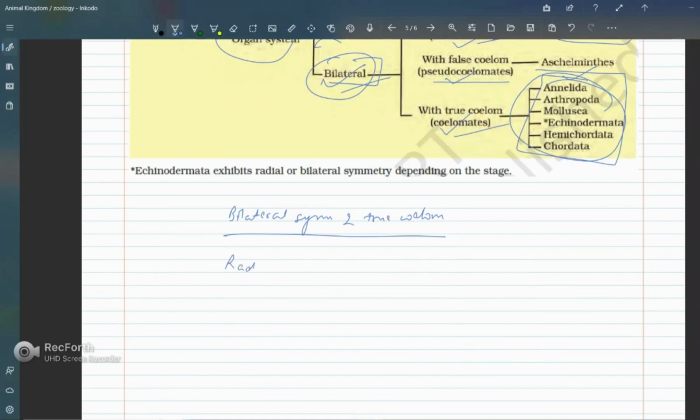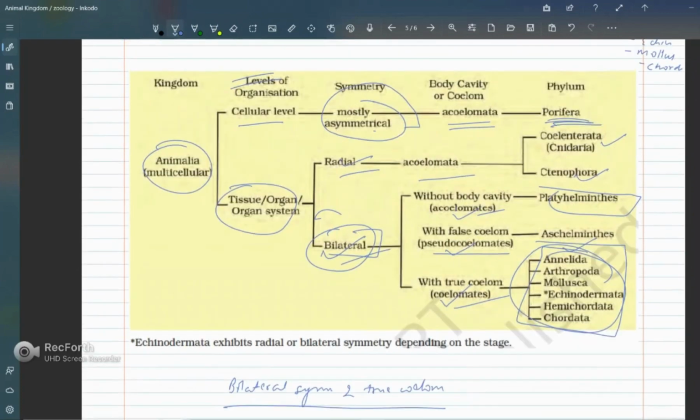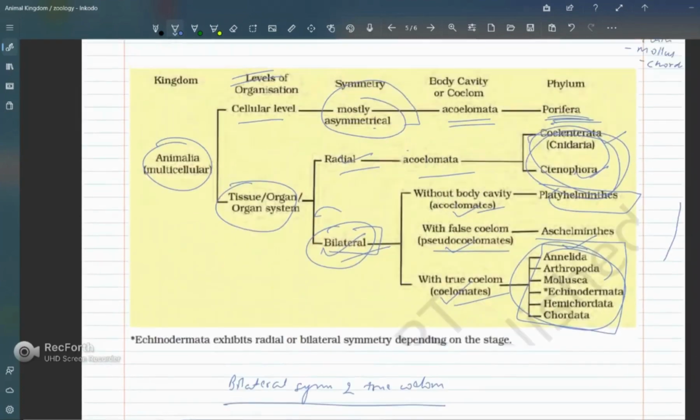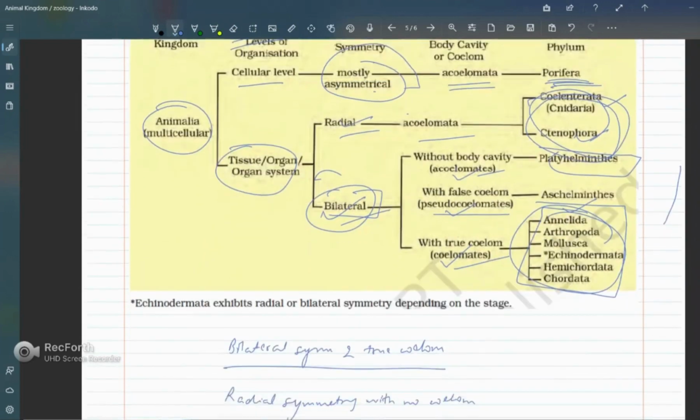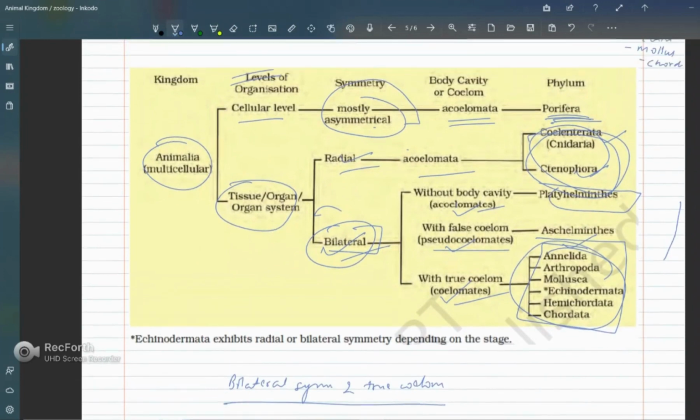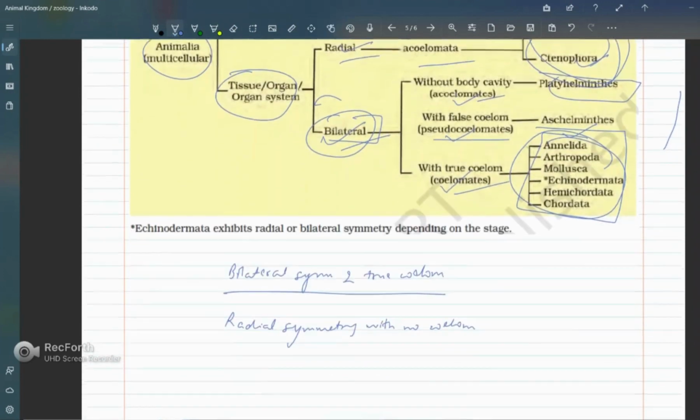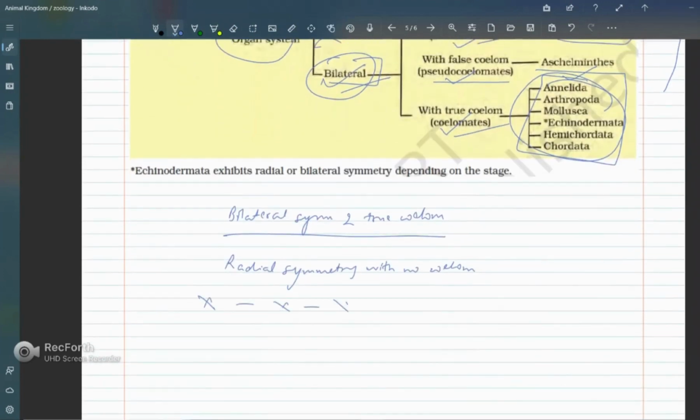Similarly, radial symmetry with no coelom, you should automatically jump to these two groups. So in questions, these characteristics are going to help you a lot. If you remember this flowchart by heart, you can solve many questions, or at least get a hint about which organism, which group the question is talking about.